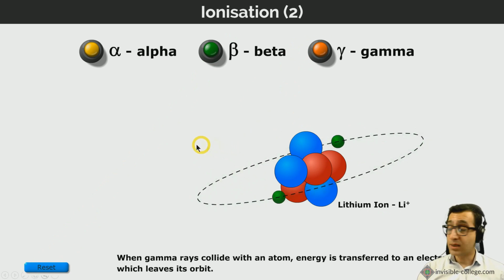So when a gamma ray collides with an atom, it is absorbed by an outermost electron, and again, the energy carried by that electromagnetic wave allows that electron to leave that outermost energy level and become free of the atom. In doing this, it creates a positively charged ion again. So the different ionizing power of these we're going to talk about shortly, but the reason they ionize atoms is because of these mechanisms that we've just talked about.